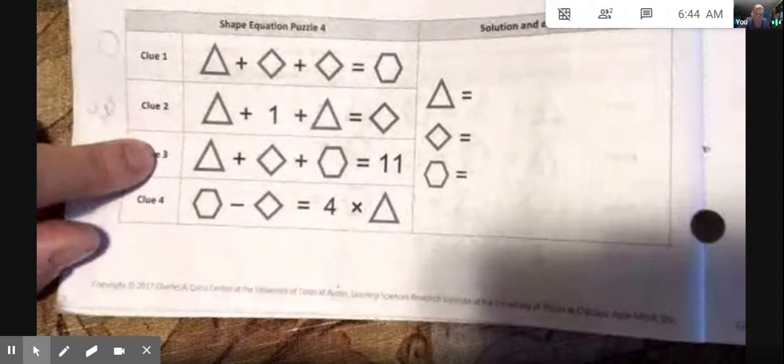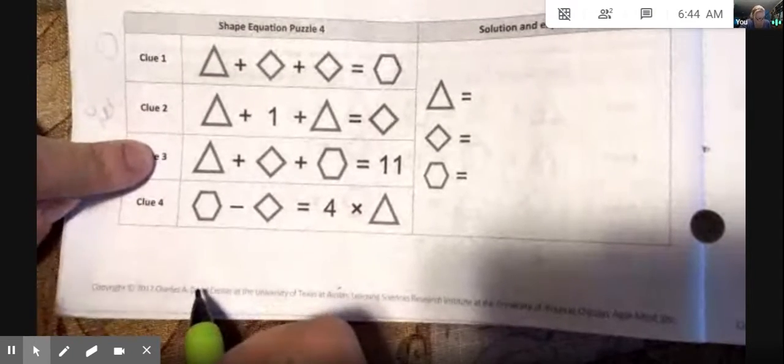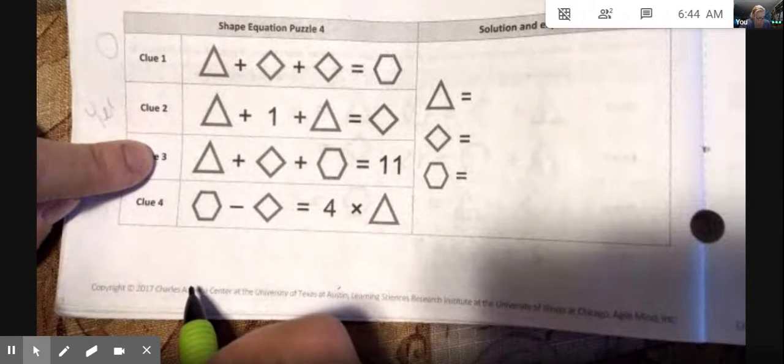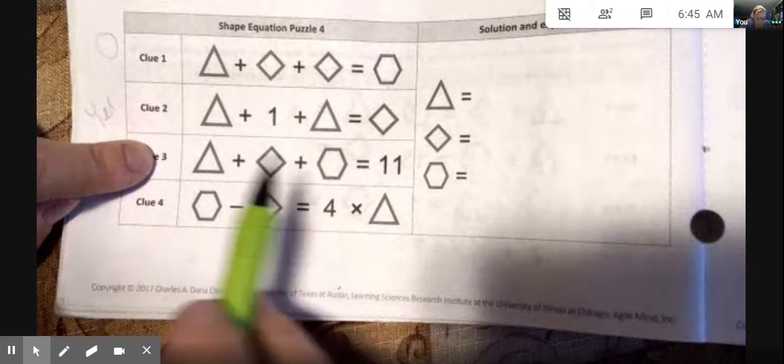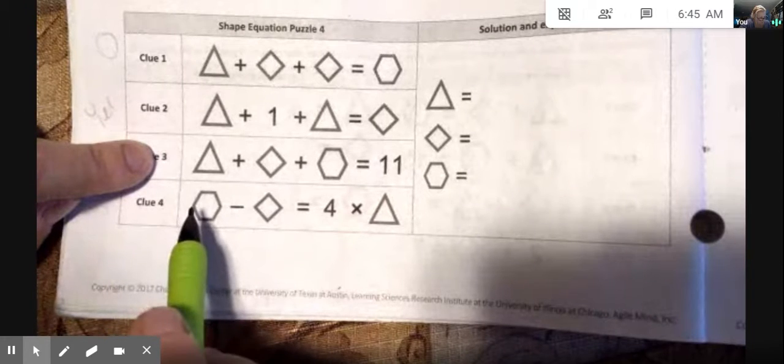So we can have 3 different numbers adding up to 11. So let's see.